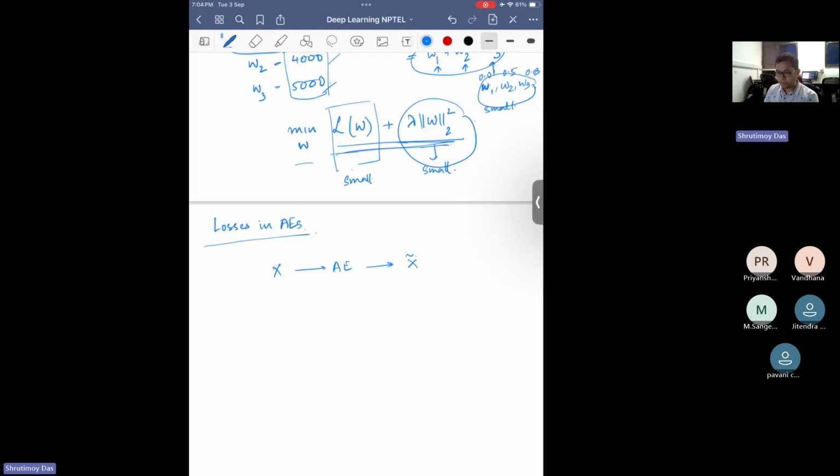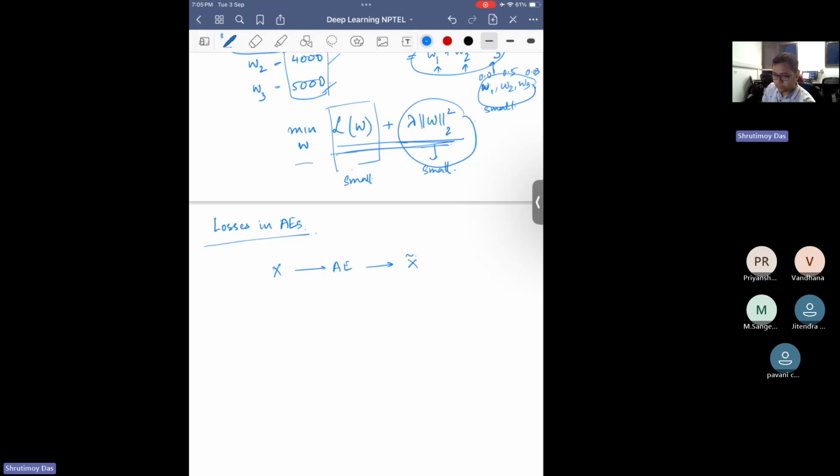Yes, someone can type in their answer. No, I'm asking what is the type of loss you use in regression.